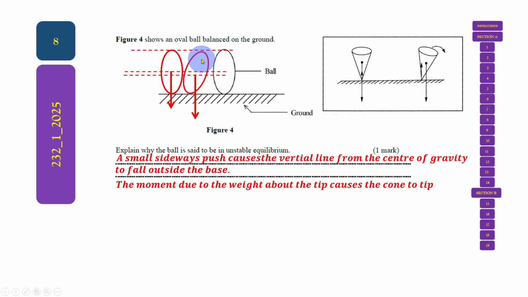So when it is released, there is no way it can move from a position of greater stability to a position of less stability. You should realize that here it is less stable because the position of its center of gravity is higher than in this position. So it is more stable in its new position.